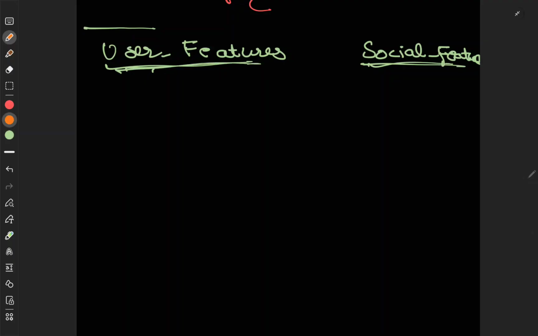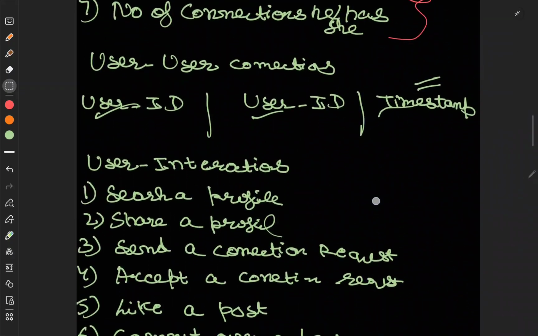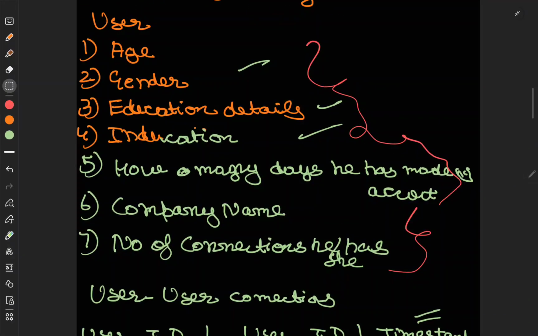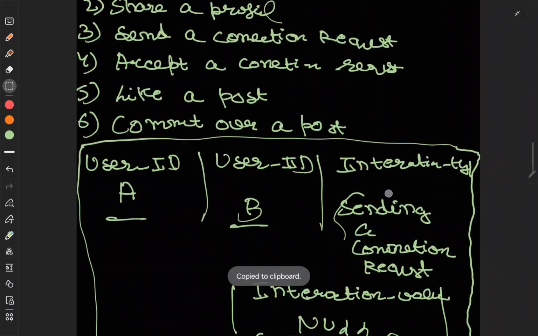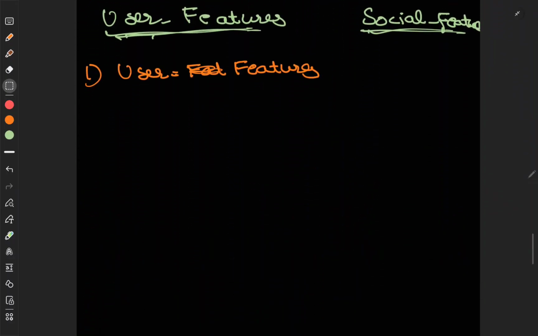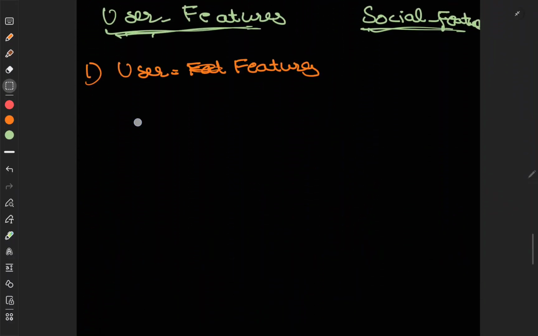So now the first thing is how we will convert the user data into features. Let's see that. What data did we have with respect to the user? Let's bring it up, and one by one let's think how we are going to convert that. We had this particular data. Let's copy it and paste it.